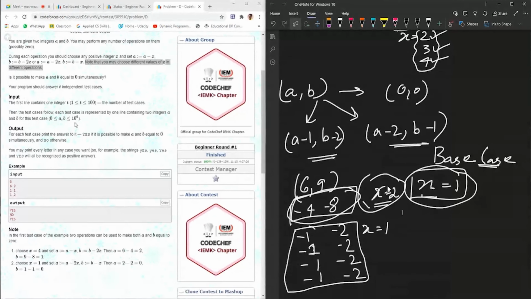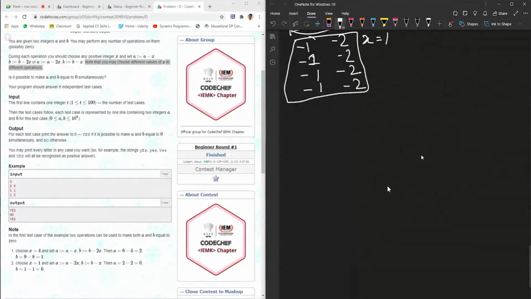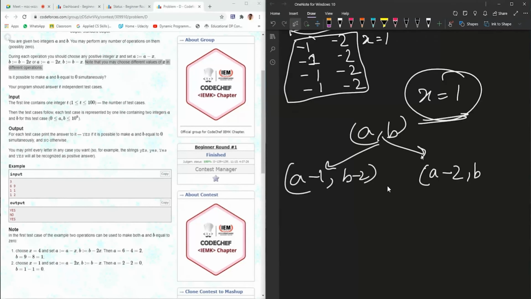It is just asking me whether I can convert a comma b to 0 comma 0. It is asking me yes or no. So I can just take x equal to 1 as my base case, and so a comma b can either be converted to a minus 1, b minus 2, or a minus 2 comma b minus 1. I hope this is clear.